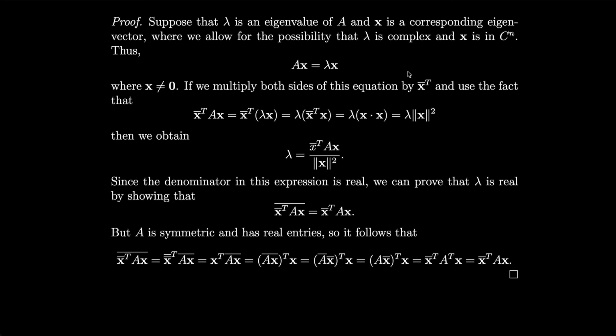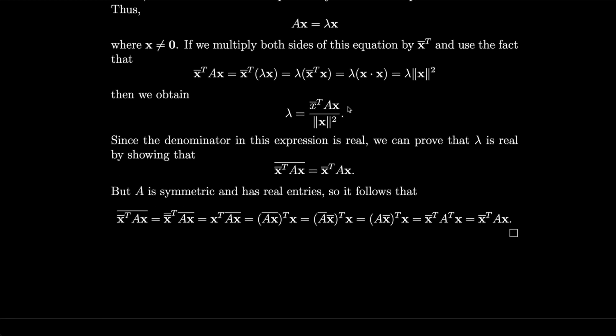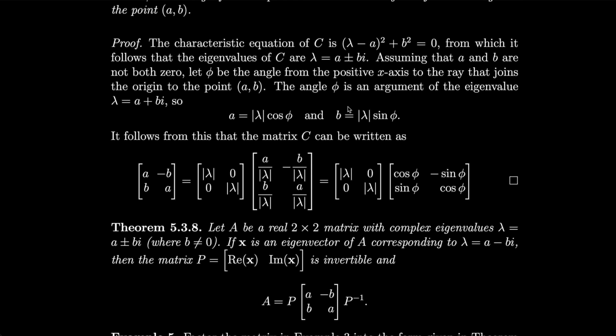So that's why that was very important, and therefore we just get that it's conjugate transpose of x times Ax. So that means that the conjugate didn't change the numerator, which means the conjugate didn't change lambda, so that means that lambda is real. So A must have real eigenvalues.